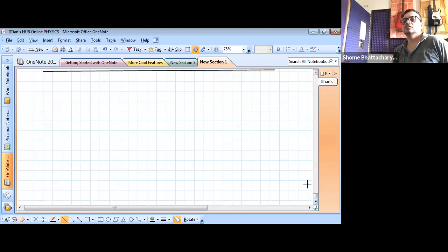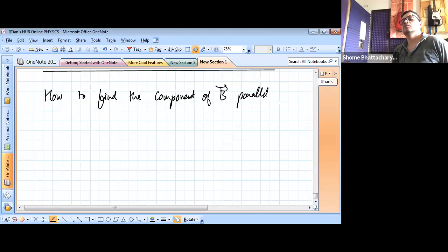Next we'll see, using dot product, how to find the component of B parallel to it and perpendicular to A. Both of these are okay.